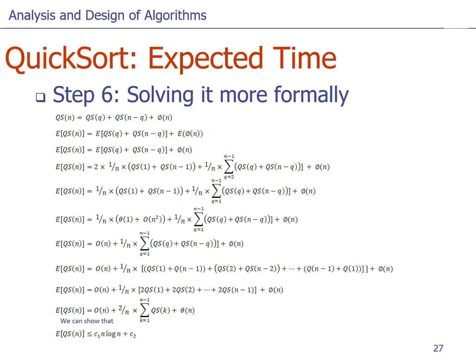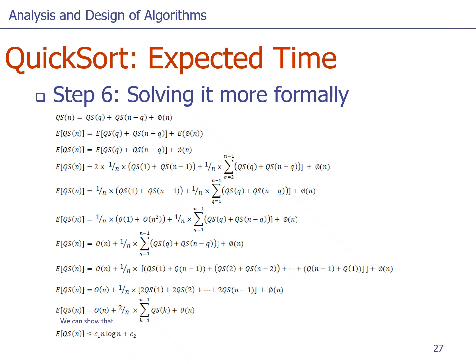So if you like, it could be said like 1 over n plus 1 over n, but I'm just going to write 2 multiplied by 1 over n. Multiplied by the quicksort of 1 plus the quicksort of n minus 1, because when I get the bad pivot, which is the minimum or the maximum, it's going to generate for me an L that has 1 and a G that has n minus 1, or an L that has n minus 1 and a G that has 1. And this is what I'm trying to encode here, okay?